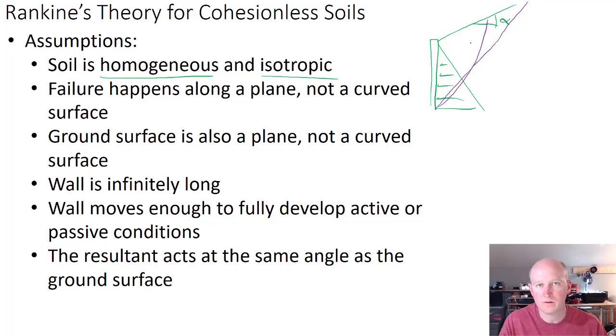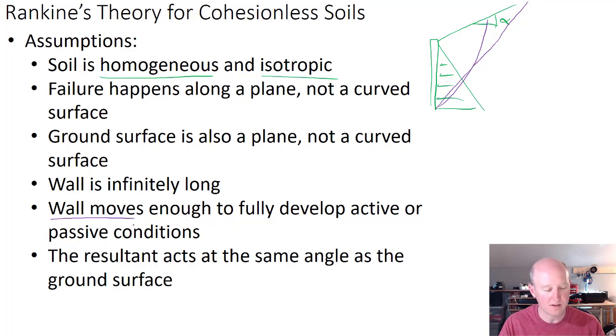We're also running this on a per unit length basis. And so we're saying that the wall is infinitely long, right? And that makes sense. So that's not really that big a deal. And then also we're saying that the wall has to be able to move enough to fully develop the active or the passive condition, whichever one it is that we're counting.